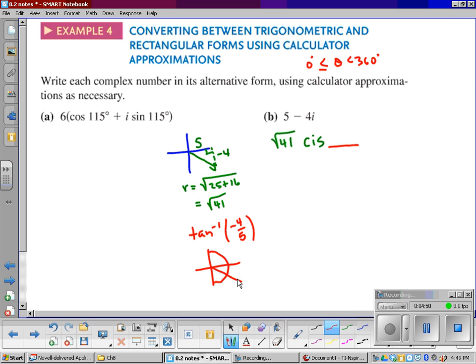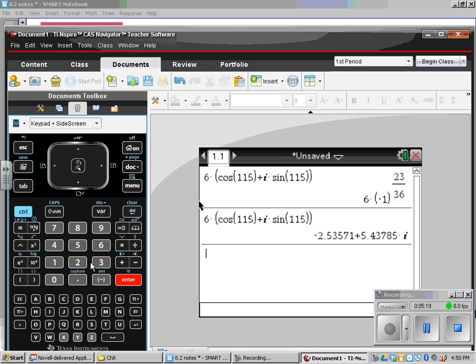The angle the calculator gives us is going to be a negative angle, because that bubble goes from negative 90 degrees to 90 degrees, which means that this angle is going to be given to us as a negative angle. If we want our theta to be between 0 and 360, then we're going to have an angle that's coterminal to that one. So we ask our calculator for this information, but we have to think about it a little bit further to give the theta that they're asking for in the problem. Now let's go to the calculator and see what that looks like.